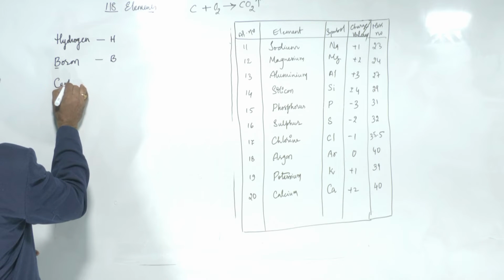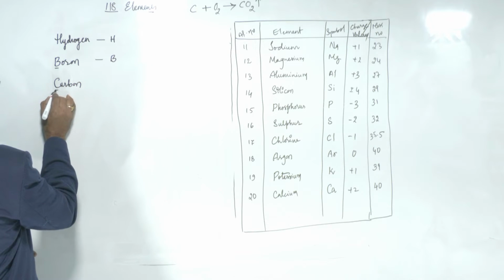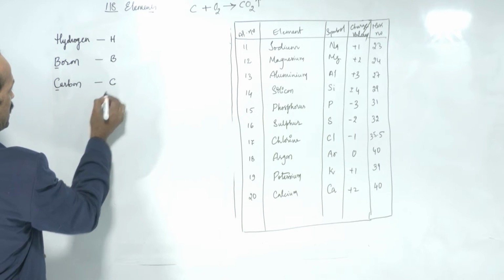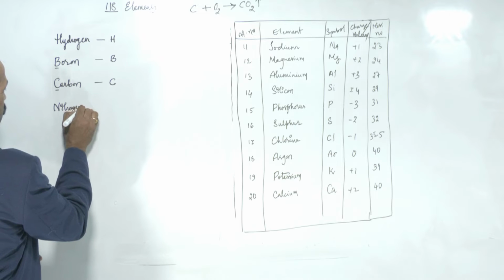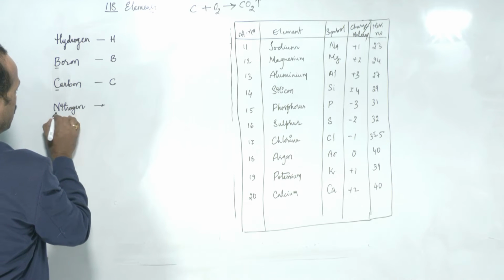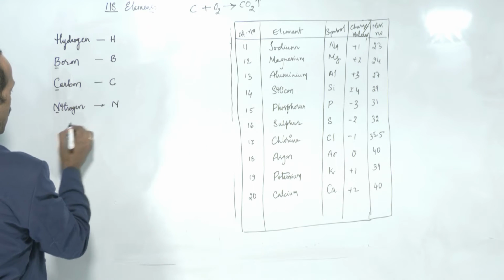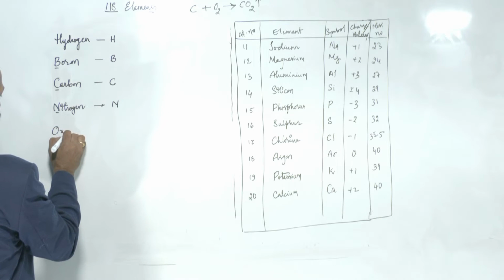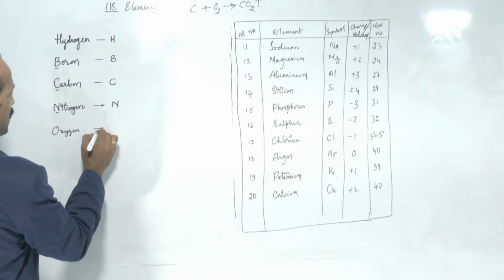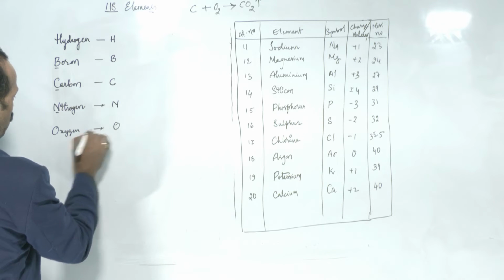Carbon starts with letter C, so the symbol is given as C. Nitrogen starts with letter N, so the symbol is given as N. Oxygen, the symbol is given as O, the first letter.